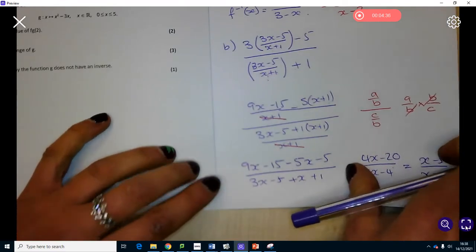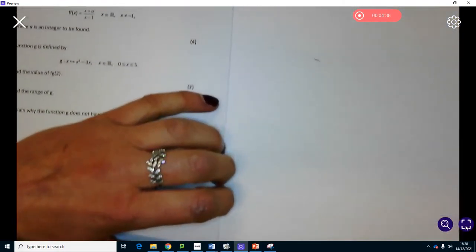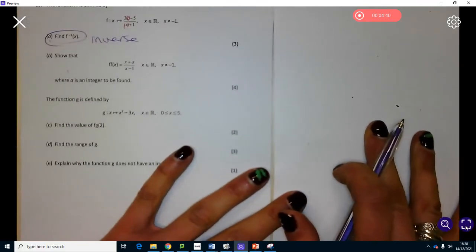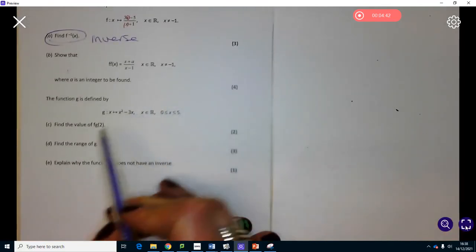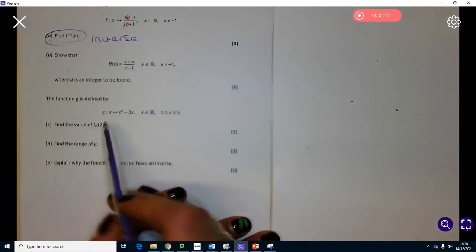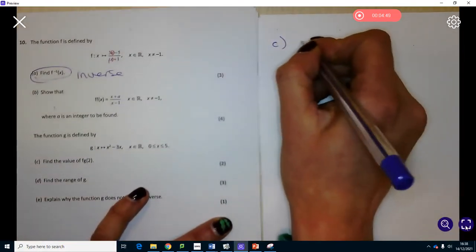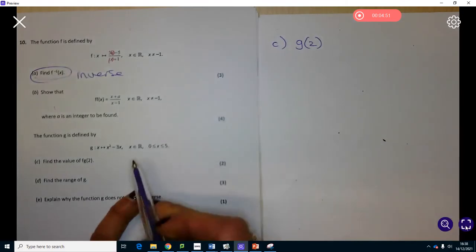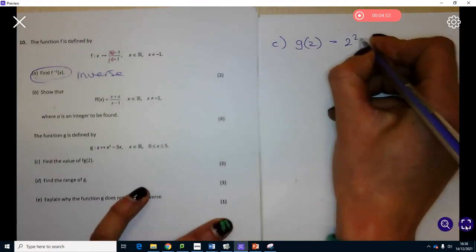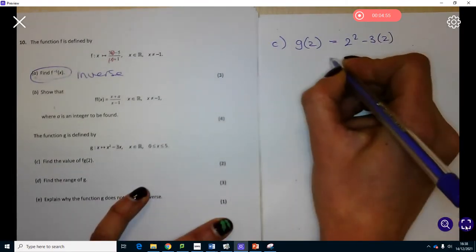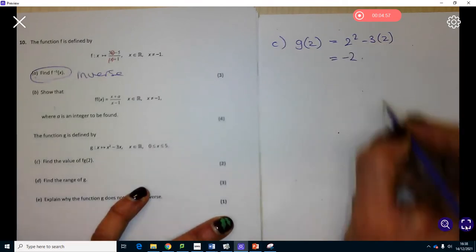The next one, we've been given another function g of x is x squared take away 3x, and we want the value of f of g of 2. So I'm going to start off there finding the value of g of 2. So I want 2 squared take away 3 times 2, so 4 take 6 is negative 2.